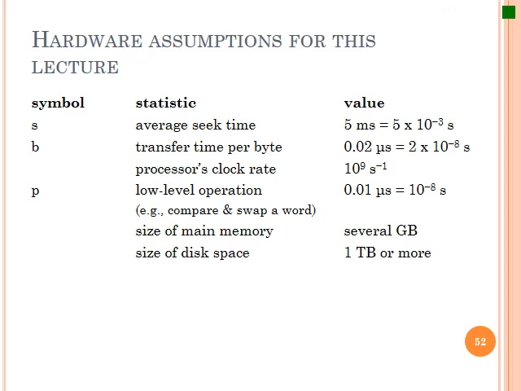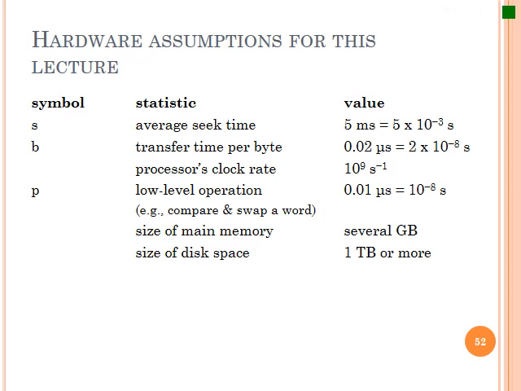For this lecture, we are going to make the following assumptions. We denote S as the average seek time, which is usually, for example, 5 milliseconds. We denote B as the transfer time per byte, which usually takes 2 times 10 to the power minus 8 seconds, or 0.02 microseconds.